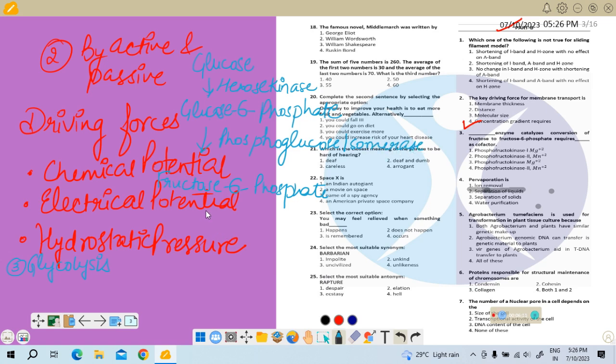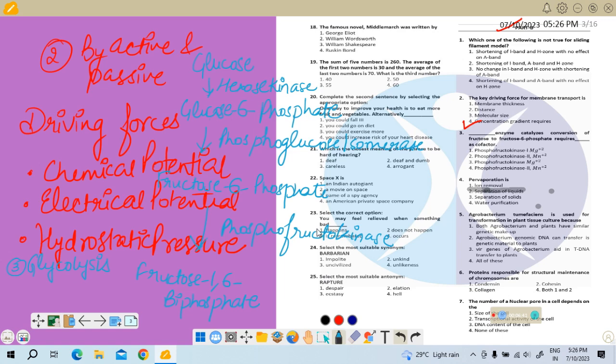Now fructose 6-phosphate gets converted to fructose 1,6-bisphosphate, and that is with the help of the enzyme phosphofructokinase.